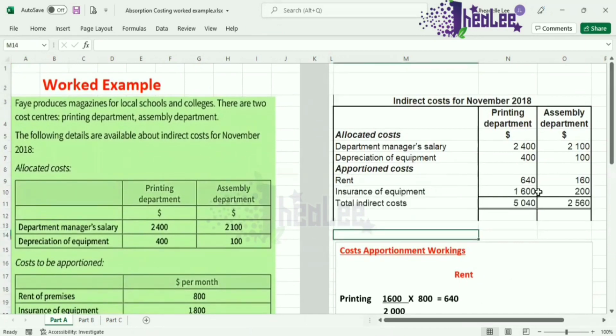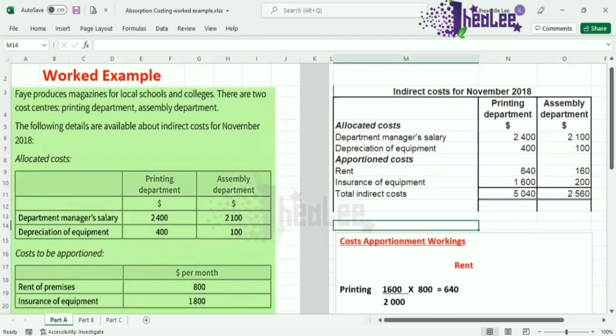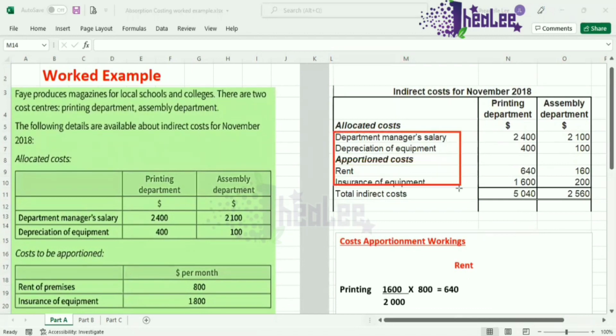Insurance of equipment is $1,600 based on calculation, and assembly $200. For total indirect costs for each department, we're going to add up the department manager's salary, the depreciation of equipment, and that would give us a total allocated cost, and the apportioned cost, rent, and insurance.